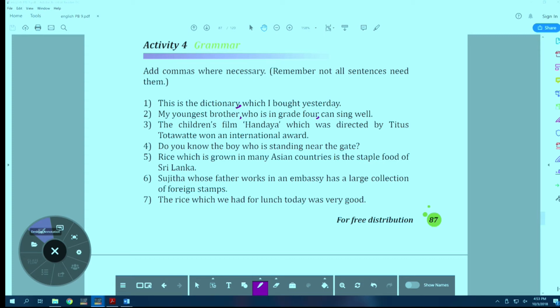Third one, the children's film Handeya, which was directed by Titus Todavatta, won an international award. Then you can use commas like that.